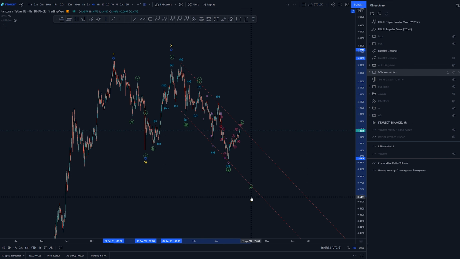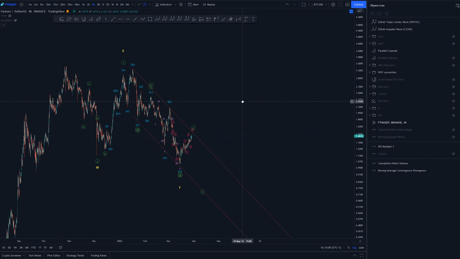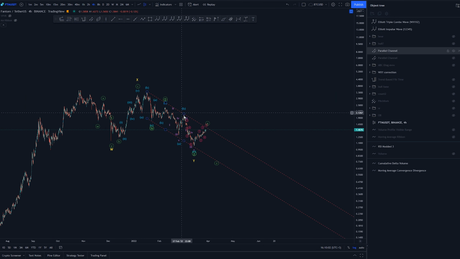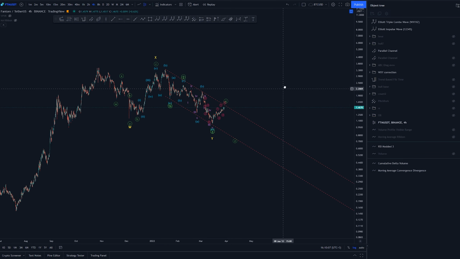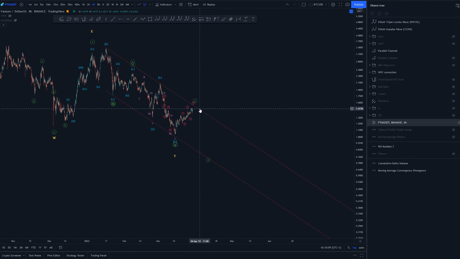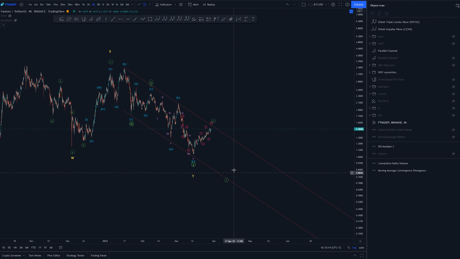Now, this would again create problems because this is not really a Y or 3-way move, this WXY here. So we would probably need to rethink this, and we could possibly get another option for this possible C wave here if we drop down. But we'll look into that if that comes.